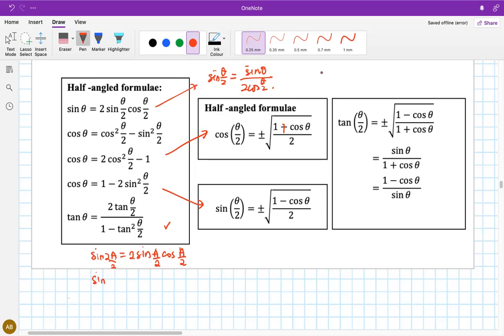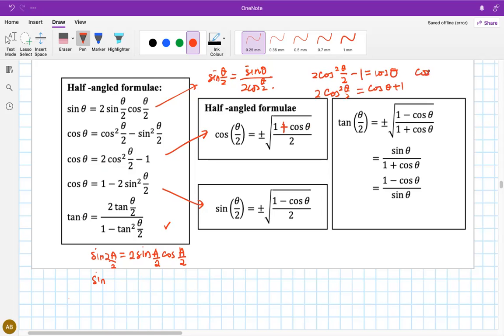Originally we have 2 cos square theta over 2 minus 1 equals cos theta. Therefore 2 cos square theta over 2 is cos theta plus 1. This one here is wrong; it is 1 plus cos theta.